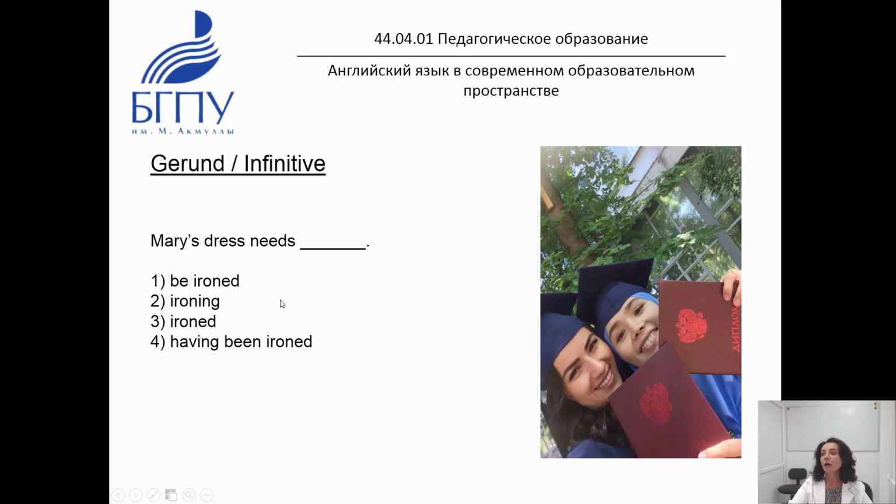Another variant which relates the semantics of passivity is the gerund. And number 2, ironing, corresponds to that variant. So number 2 is correct in this context. Let me summarize this fact: there are two verbs like need and want, after which we can use gerund with the meaning of passivity.